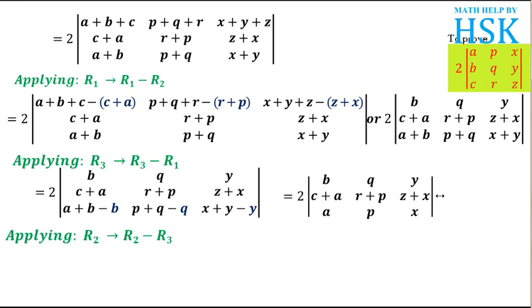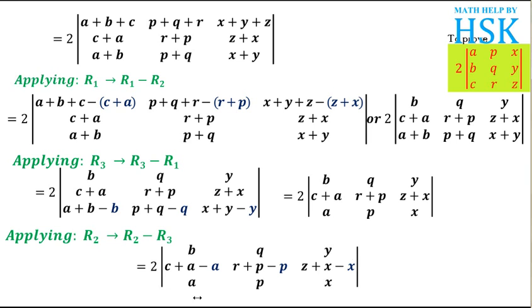Further applying R2 changed to R2 minus R3, from the second row I subtract the elements of the third row. So I get c plus a minus a, r plus p minus p, z plus x minus x, and the remaining part of the determinant is exactly the same. So this is equal to twice b q y, c r z, a p x.